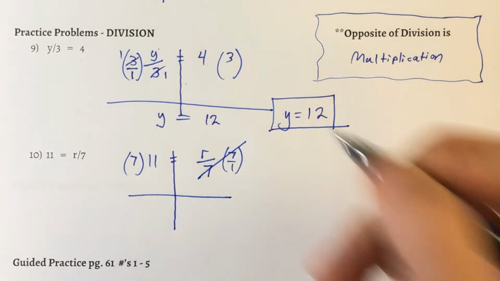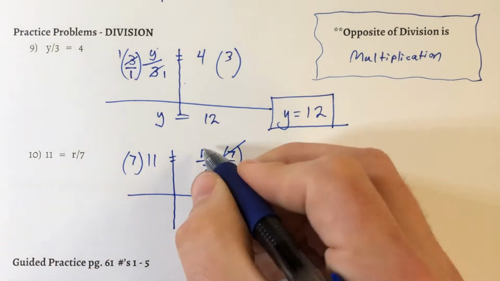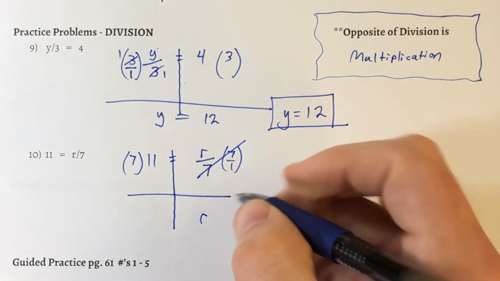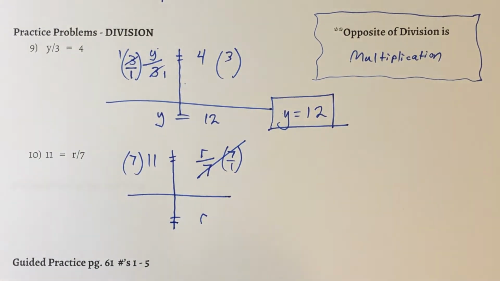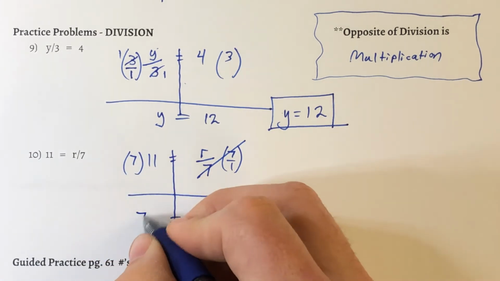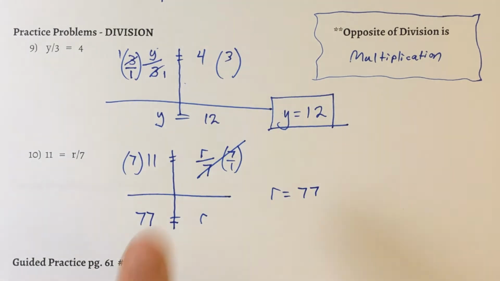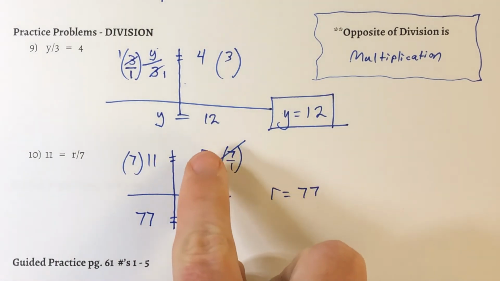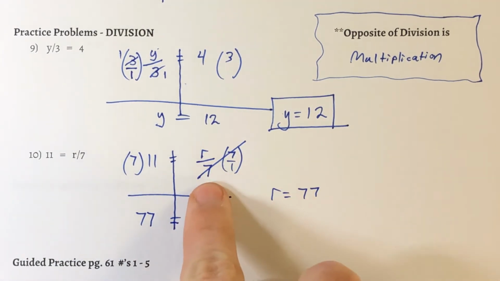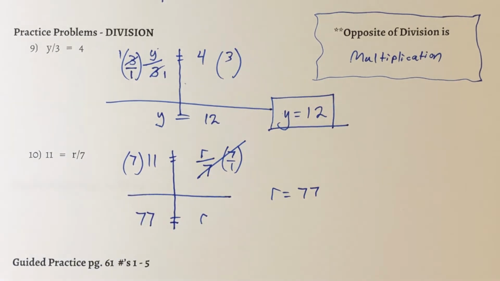So the 7s are going to cancel, leaving me with r. What does r equal? Well, 7 times 11 is 77. Let's do a quick check. Is 77 divided by 7 11? Yes, it is.